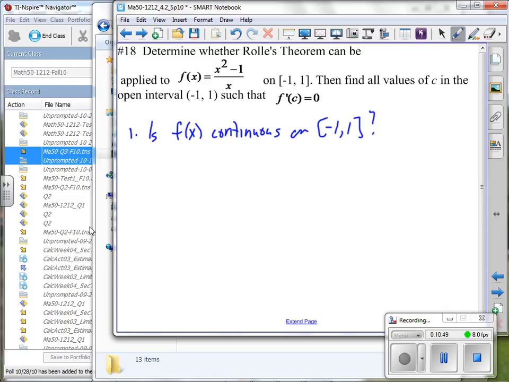I'm getting a couple of no's out of this. Kevin, what are you saying? Is it continuous on the interval? Why? Where? How? When?